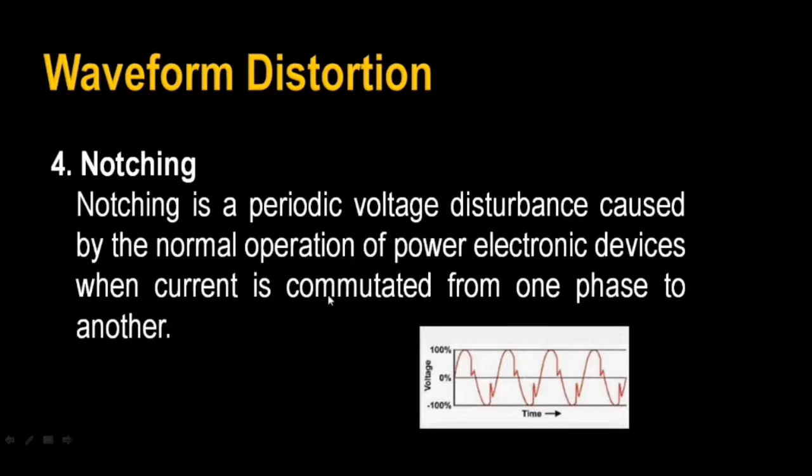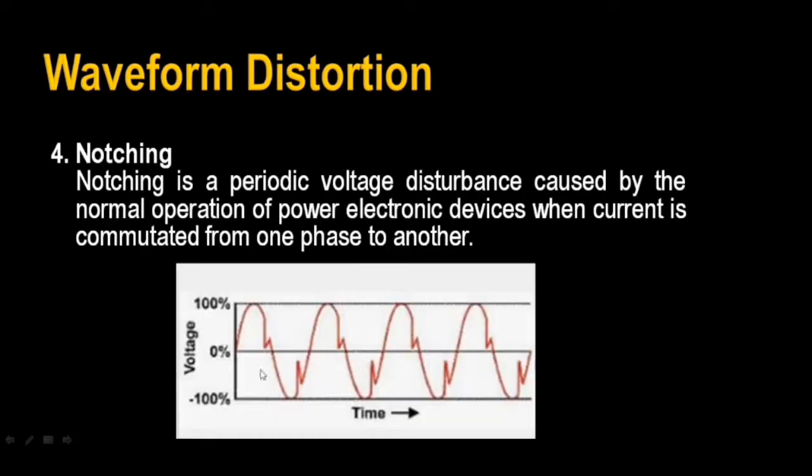Notching is a periodic voltage disturbance caused by the normal operation of power electronic devices when current is commutated from one phase to another. By clearly observing this, it entirely explains notching. The true sinusoidal quantity is disturbed here.